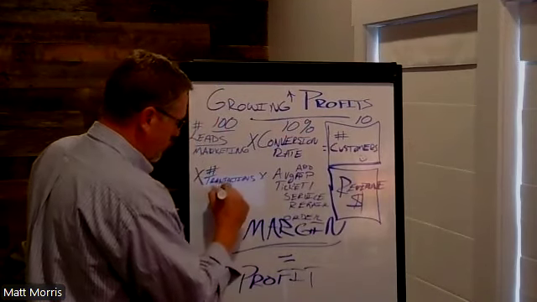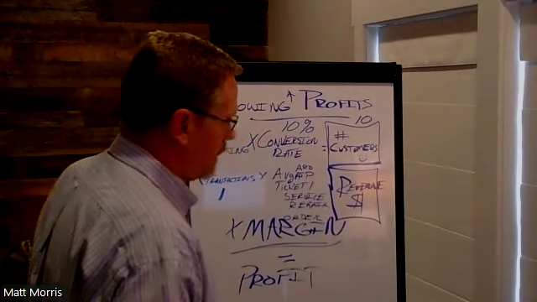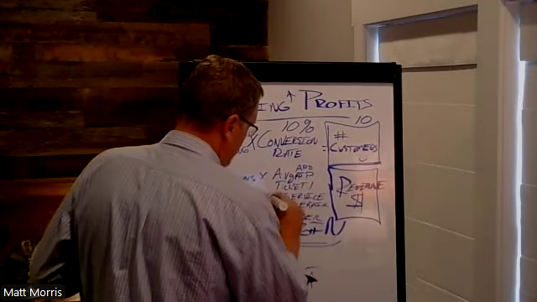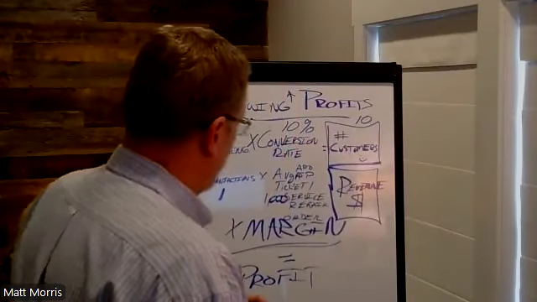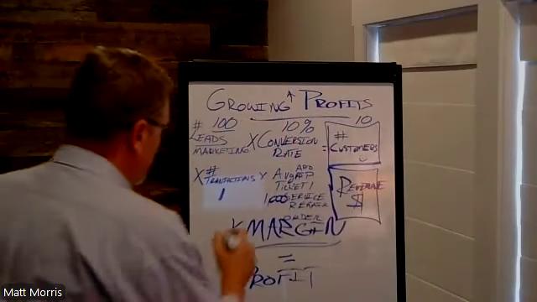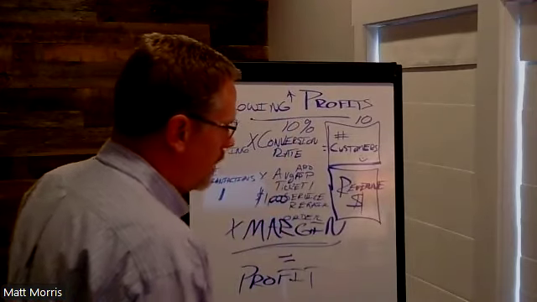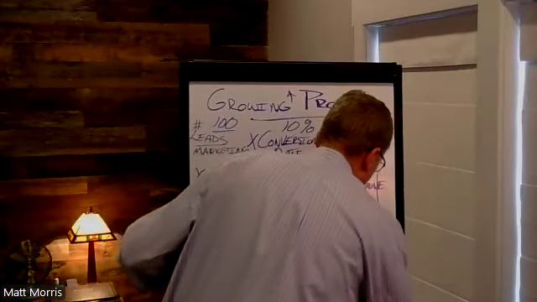Each of those customers does one transaction, and that transaction is on average $1,000. Okay. Now, with $1,000 average ticket price, we would have our revenue of $10,000.